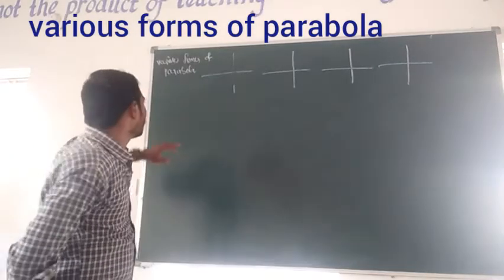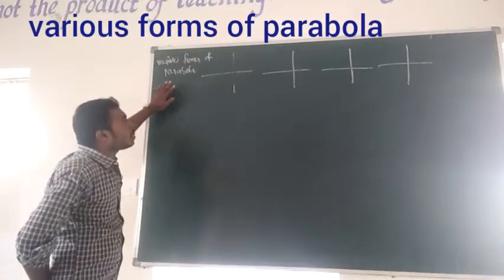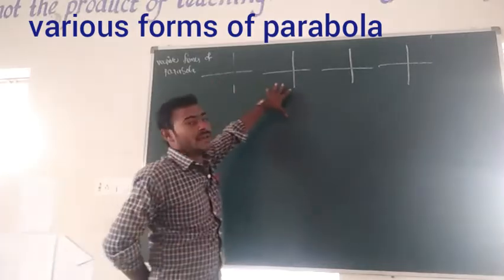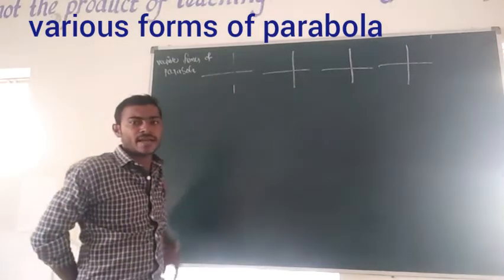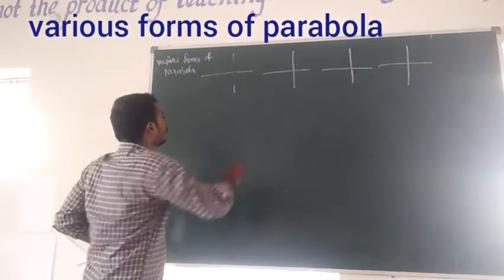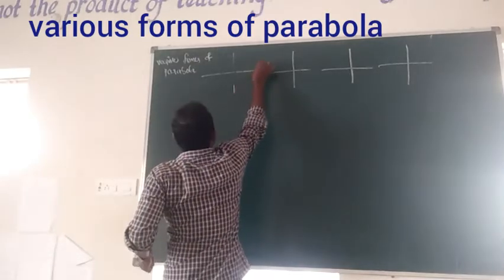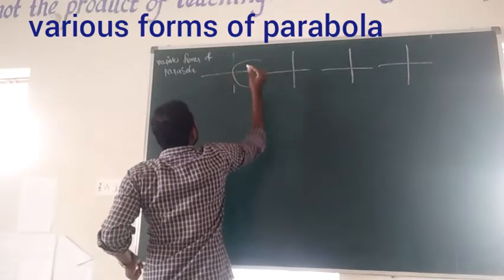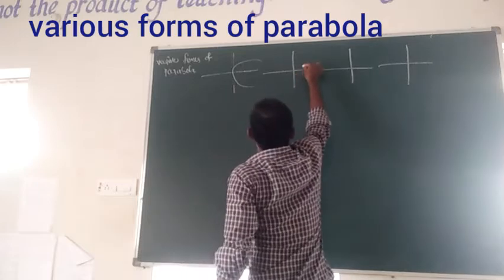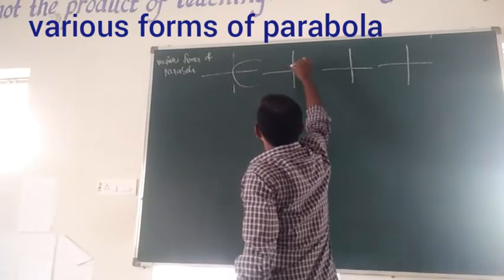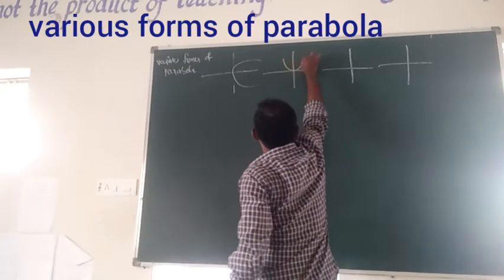Now, coming to the various forms of parabola, we are taking the x-axis and y-axis. We have taken the real axis system. Now the curve lies like that. These are the different forms of parabola, rotated in the anti-clockwise direction.